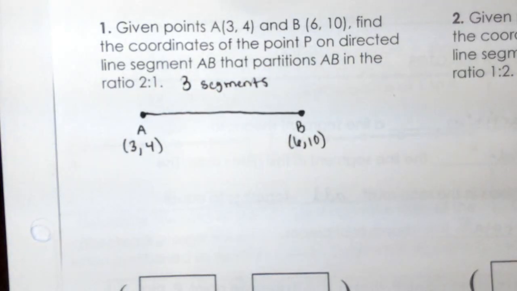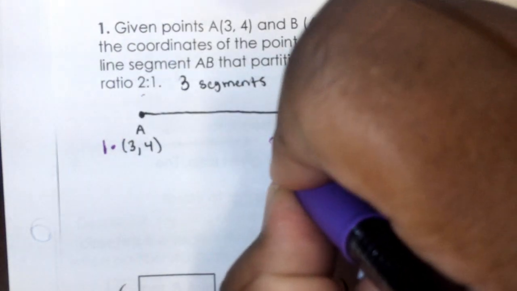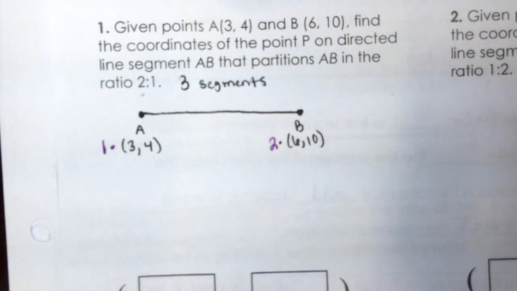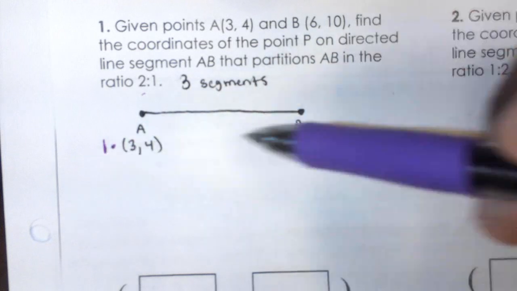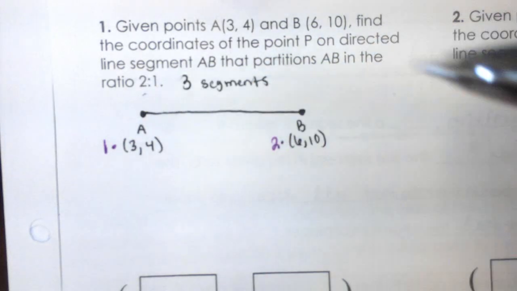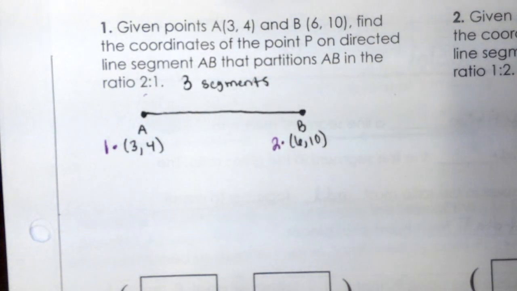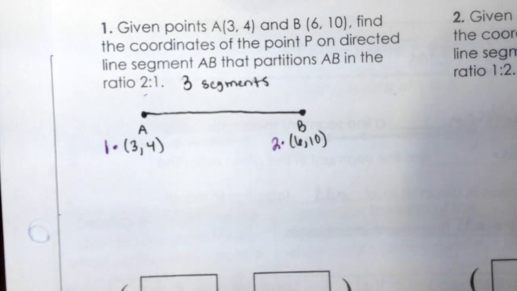So I'm basically going to flip and multiply by the last number and first number. So I'm putting the 1 here, the 2 I'm putting here on the other coordinate on B. And so now I'm multiplying by 1 and 2 versus the 2 to 1 ratio. That's what I'm talking about when I say flip. That part is key. If you don't do it, you ain't going to partition right.